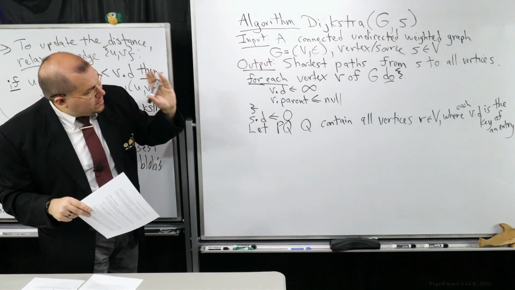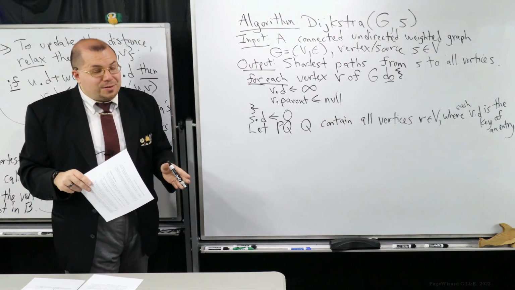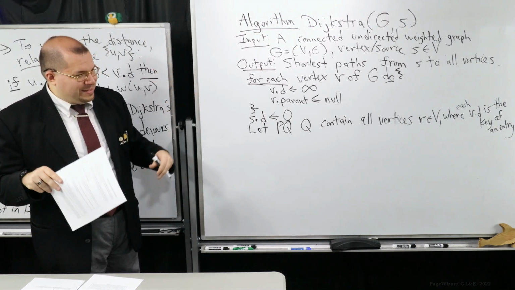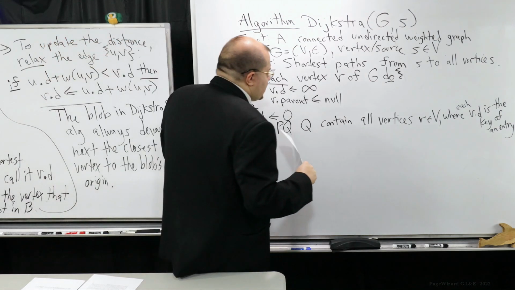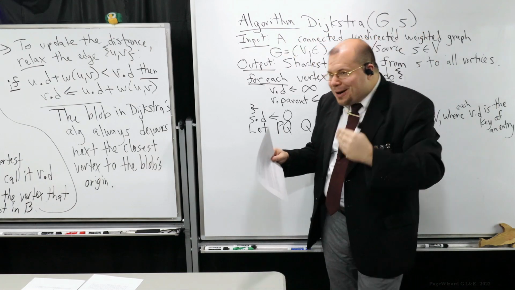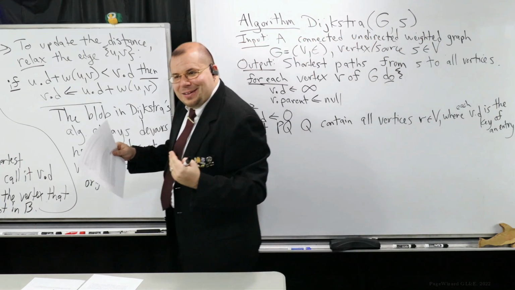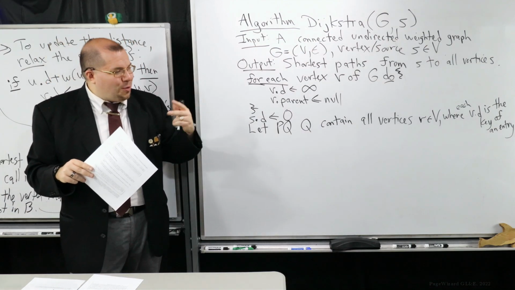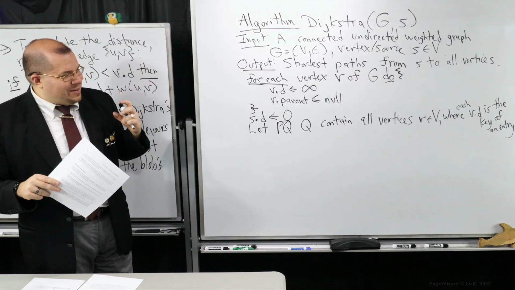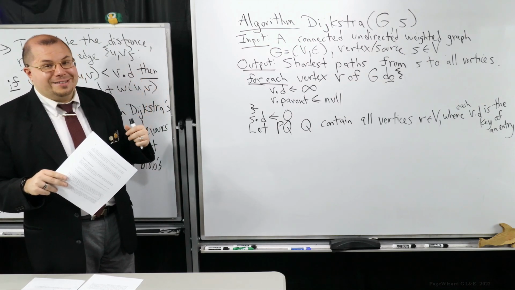We're going to have it where the D values are going to be the keys that we're going to use to maintain the priority queue in our heap-based implementation here. Because remember, we always want to get the one with the smallest D value. That's true regardless of Prim's or Dijkstra's algorithm. So it's always the one with the smallest D value. We're just updating the D value a little differently here.